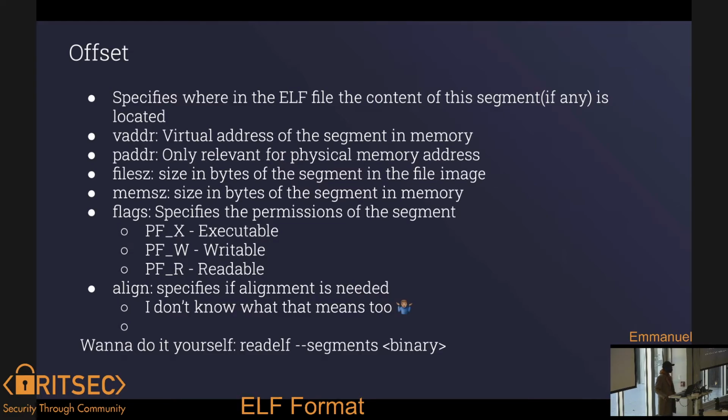Our code usually has the flags executable and readable, so you can read your code and execute it. And the last part, alignment, just specifies if alignment is needed. I have no clue what that meant, and I had no time to really look into that, so if we don't need to know that, we can just put that on the table.